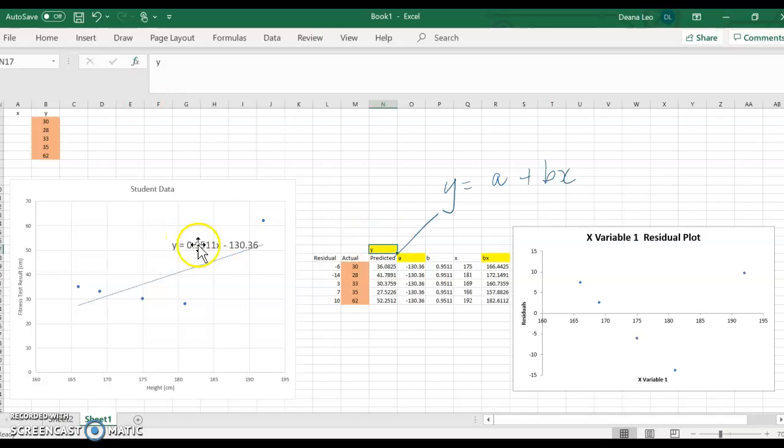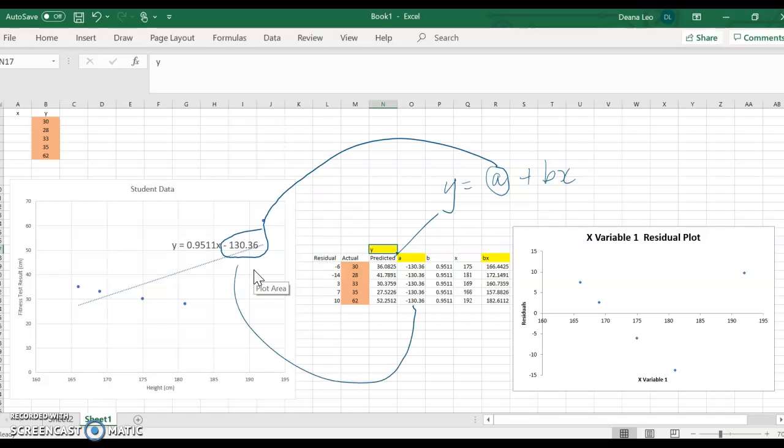So we went to our line of regression over here, and our a has come from here and gone into this column all the way through. Our b, which is our gradient, doesn't really matter for now, has come from here and has been stuck straight into here.